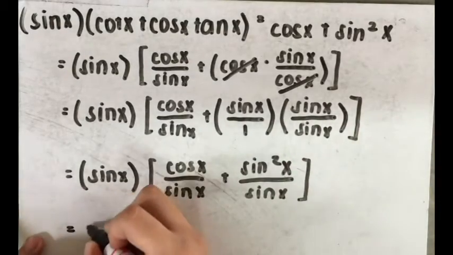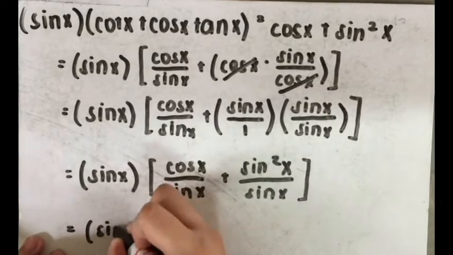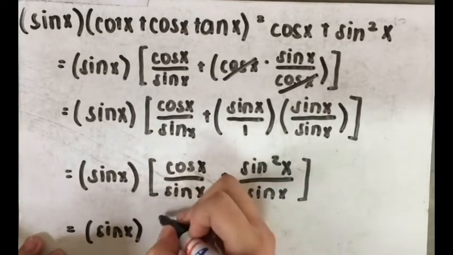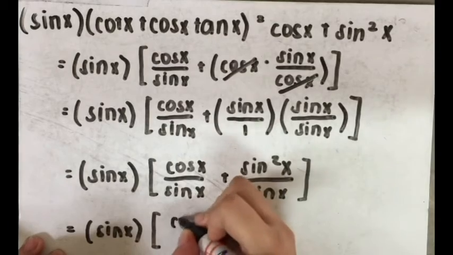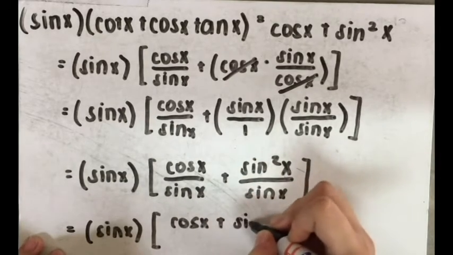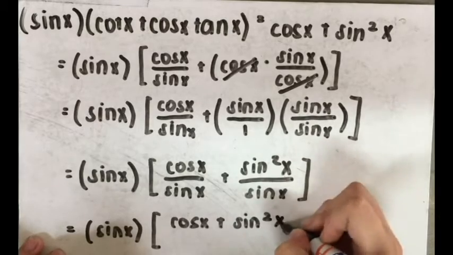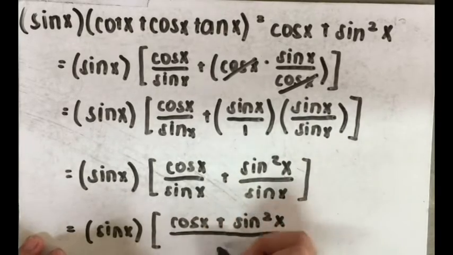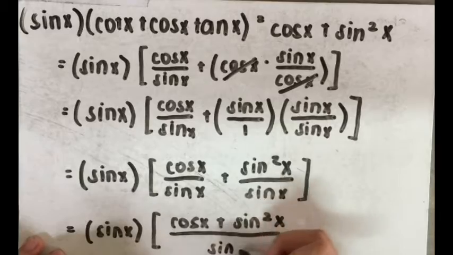After that, add the common numerator and use the same denominator that is used in the two fractions. Now, you can simply cancel the denominator, which is the sin x in the outer.